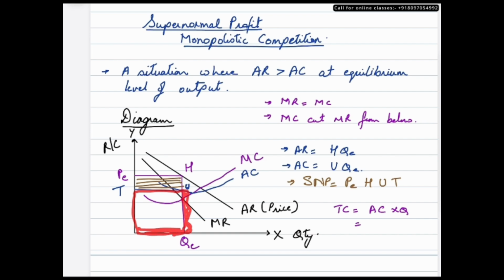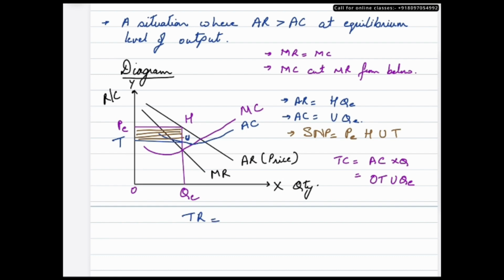So when you multiply this by this, the entire thing that you get is equal to O, this is the origin O, T, U, QE, and total revenue is equal to price times quantity, or you could say AR times quantity, which is equivalent to this entire thing, okay.